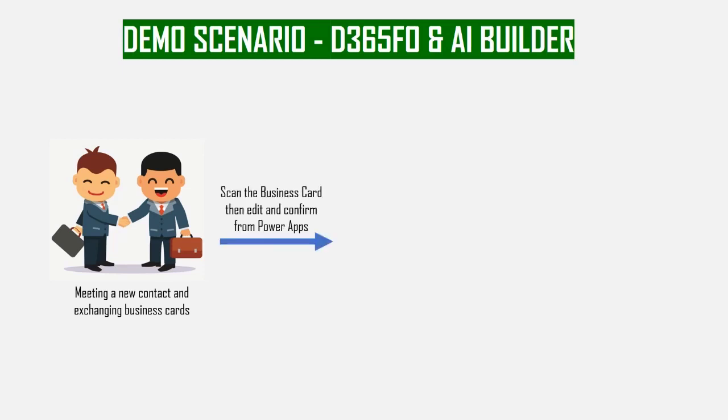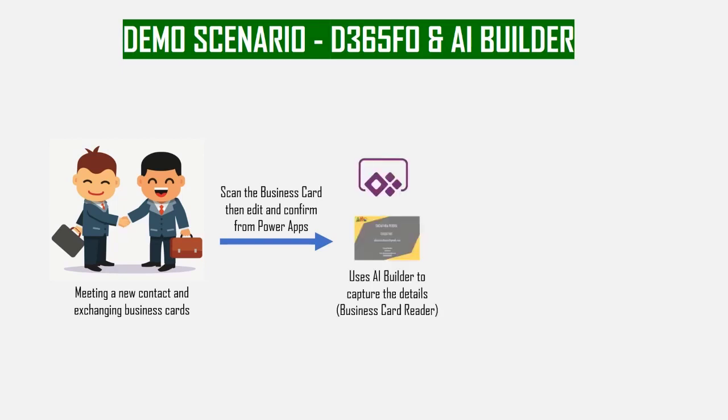Previously, if you met a person and exchanged business cards, you would go and manually create that record, right? But now if you leverage your Power Apps, you can scan your business card and then edit and confirm in the Power Apps, and then you can use the AI Builder to capture the details using the business card reader.